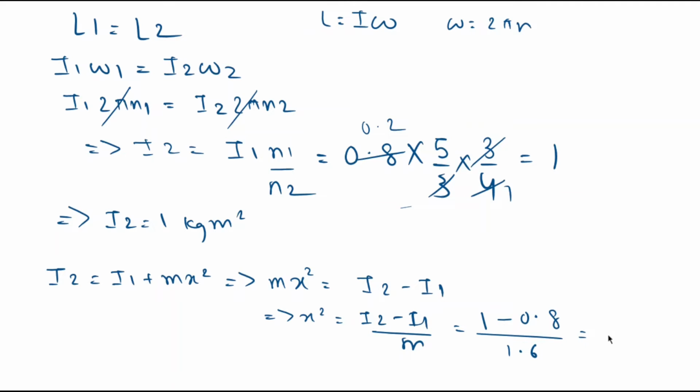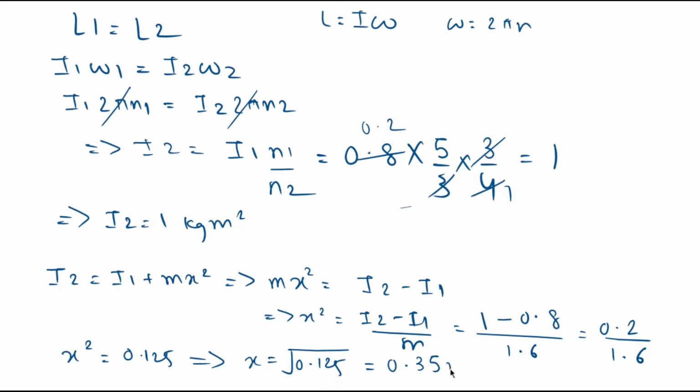So this will be 0.2 by 1.6. So x square comes out to be 0.125, which implies by taking square root on both the sides, x will be root under 0.125, which is nothing but 0.35 meters.